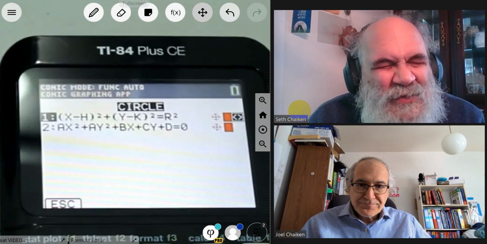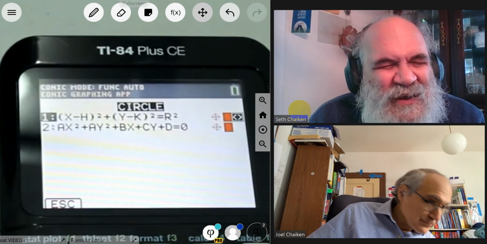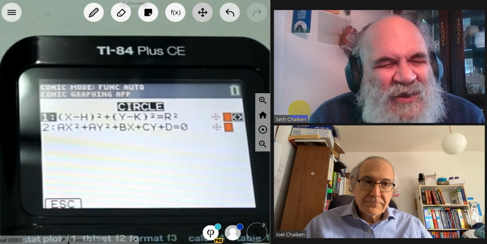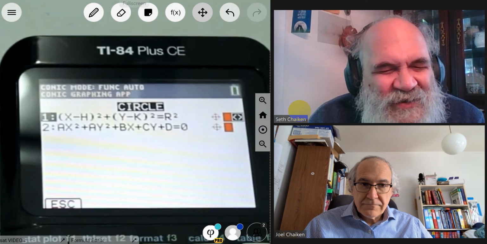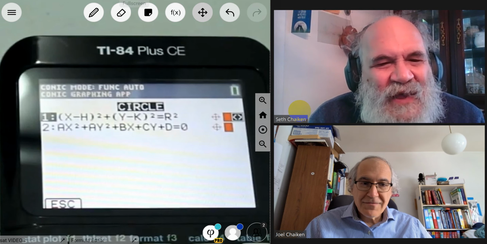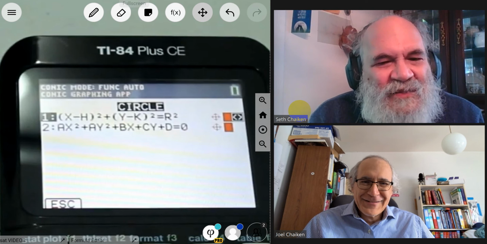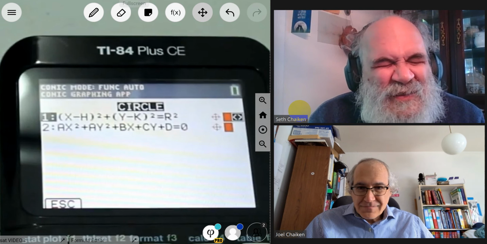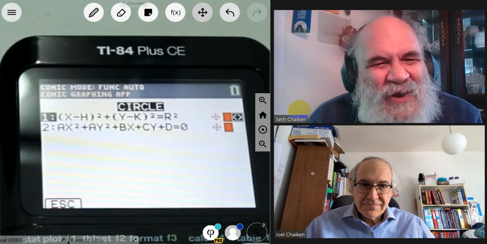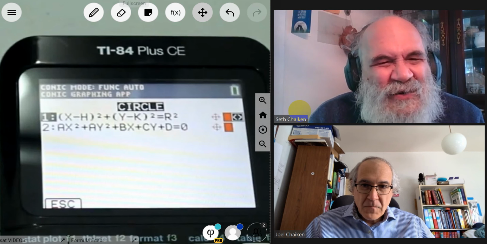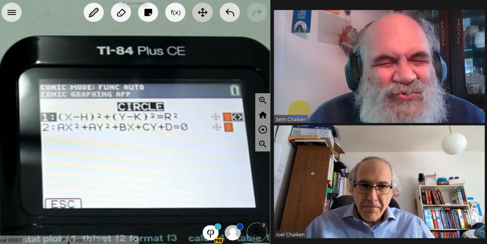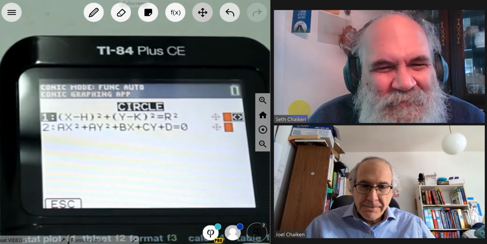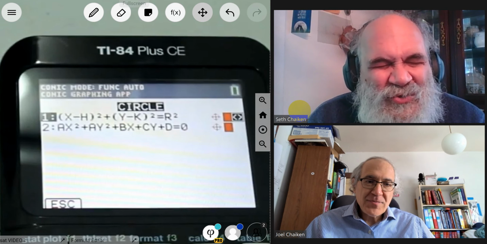Well, the capability of the calculator to plot the solution when it's in form 2 is really, really helpful. However, the capability of the calculator to plot the solution when the equation is in form 1, that is really, really stupid. It's a waste to make use of that feature.